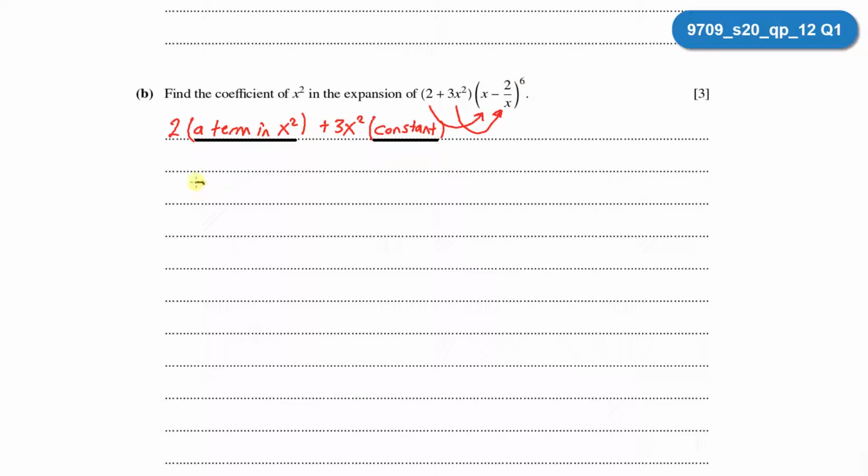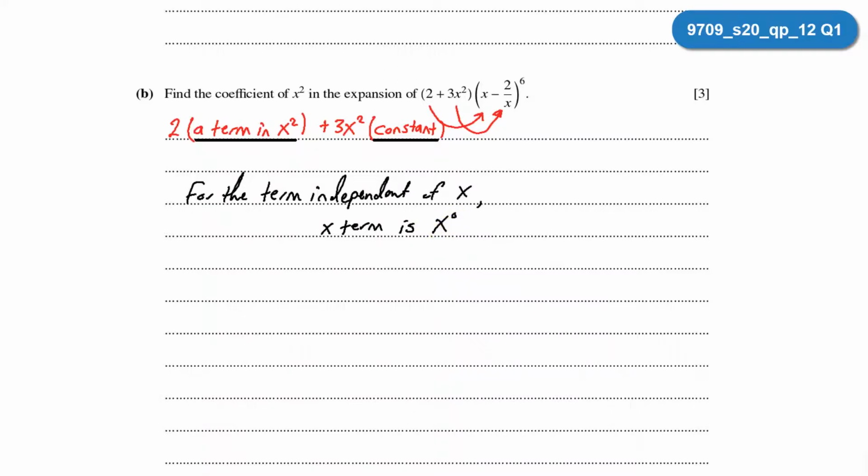So we're saying for the term independent of x, we know that the x term, since it's a term independent of x, it should be x to the power of 0. Because x power 0 is 1, and that's a constant, that's a unit constant.